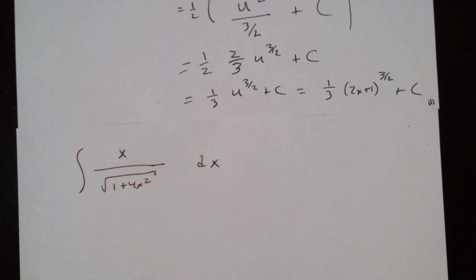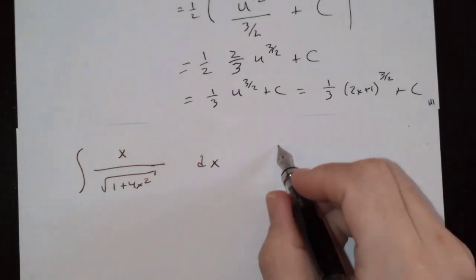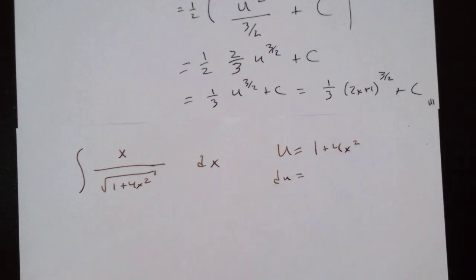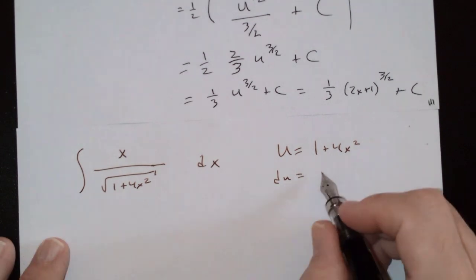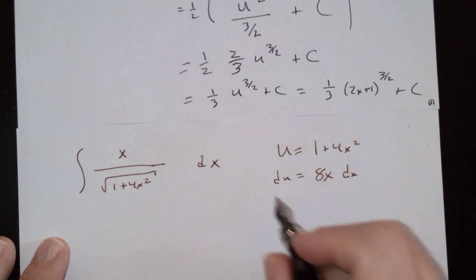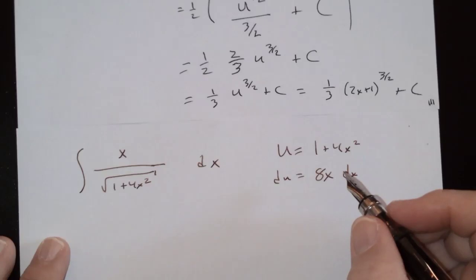What's my inside bit? Okay, so if that's my inside bit, what's my differential? Or I need to write du dx on this side, one of the two, right?